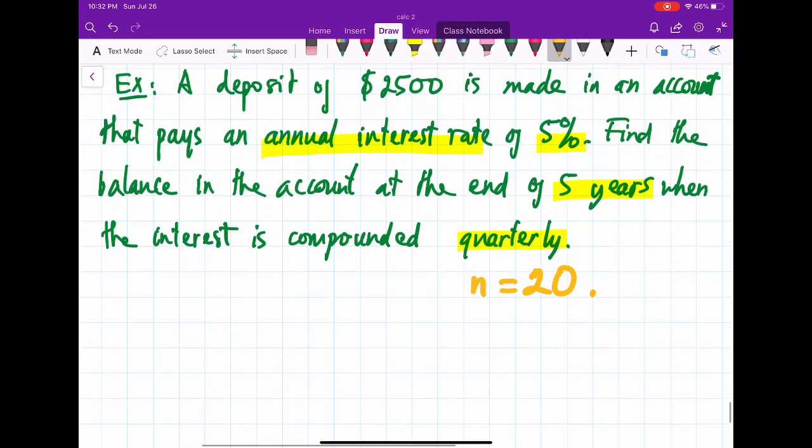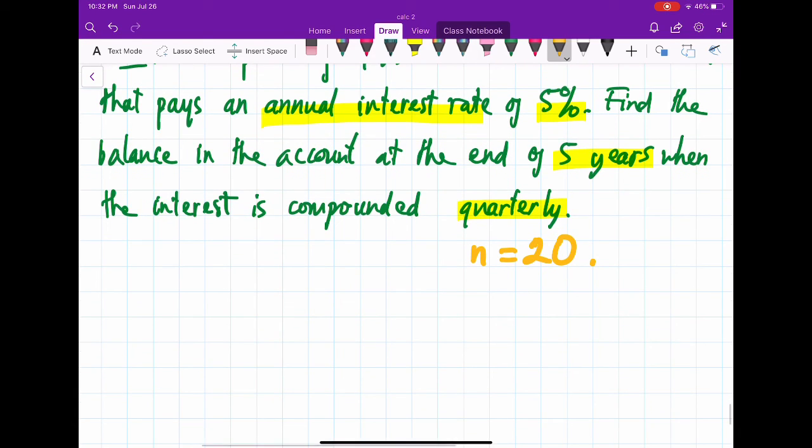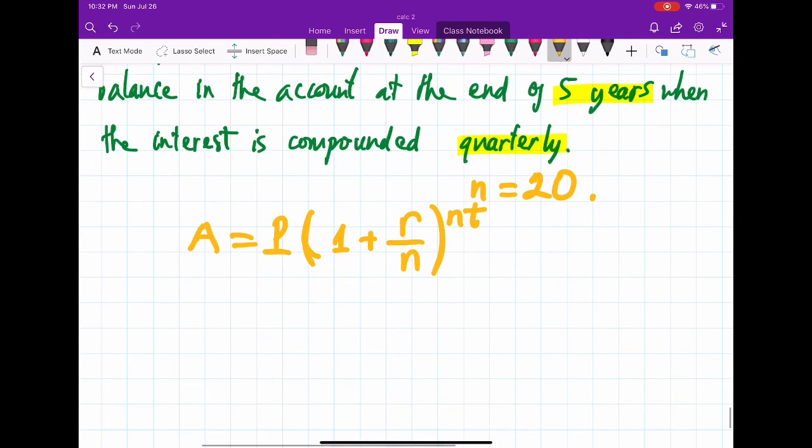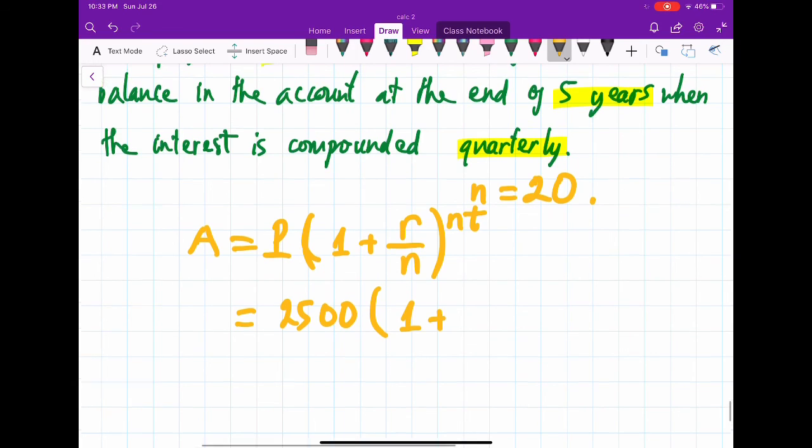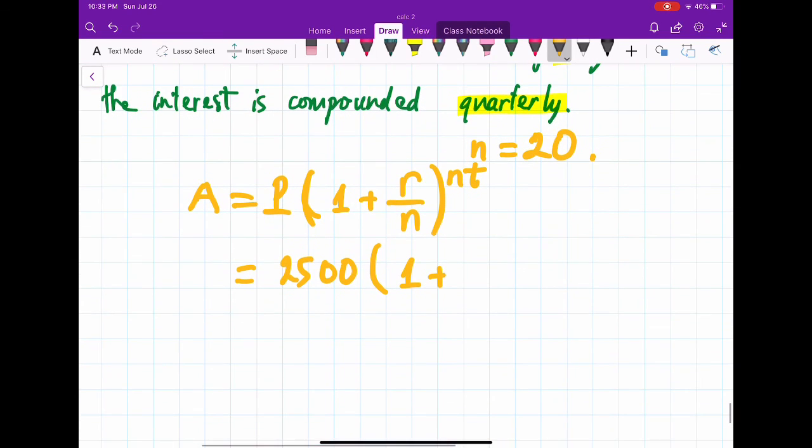All right, so if you apply that formula, let's copy that again. A is equal to P(1 + r/n)^(nt), where t is the number of years. You have the following: P is 2,500, and r is 5%, so I can write 0.05 divided by 4 because quarterly, right?